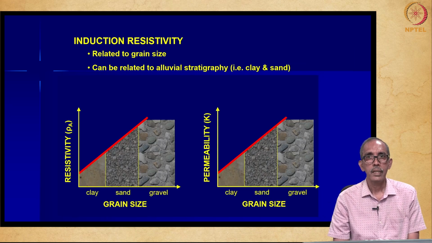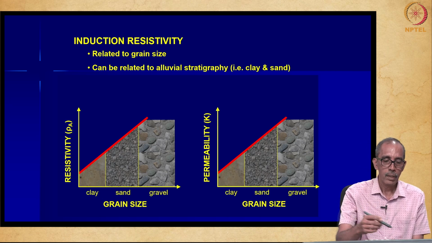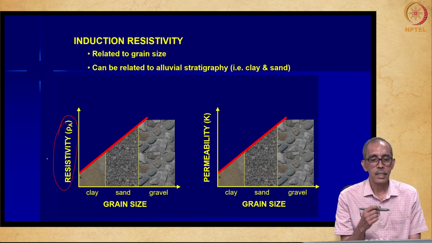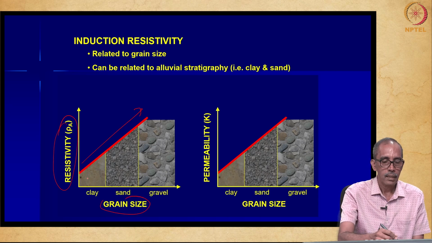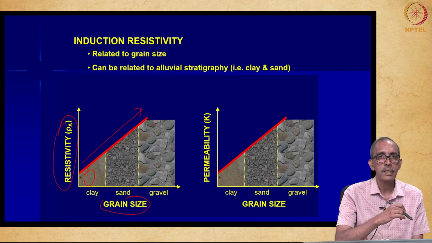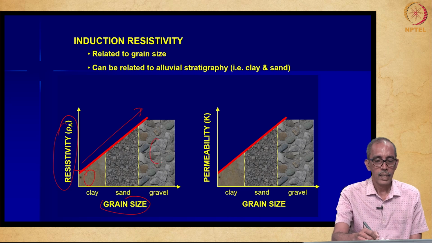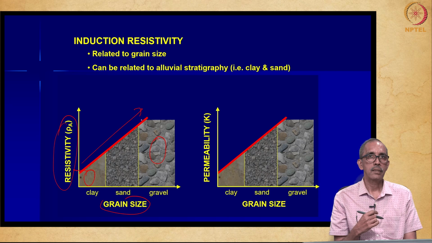And how is the resistivity going to help us, right? For example, the resistivity which we are going to get from the induction log will vary depending upon the grain size. The finest material such as clay will have very low resistivity, whereas coarse grained formation such as gravel will have high resistivity.